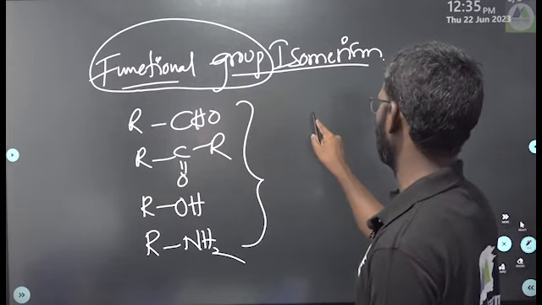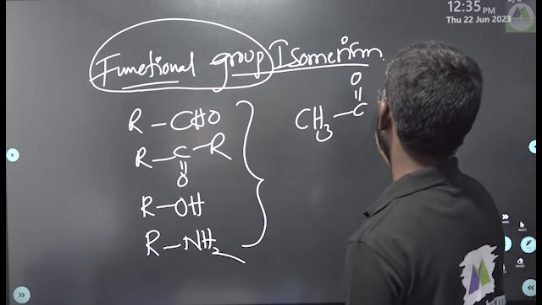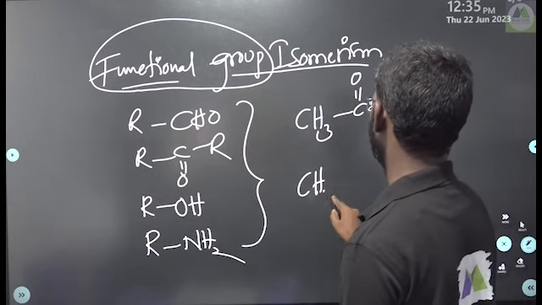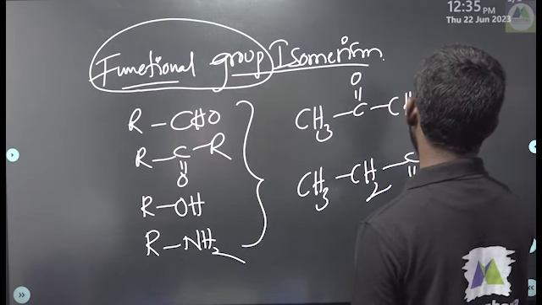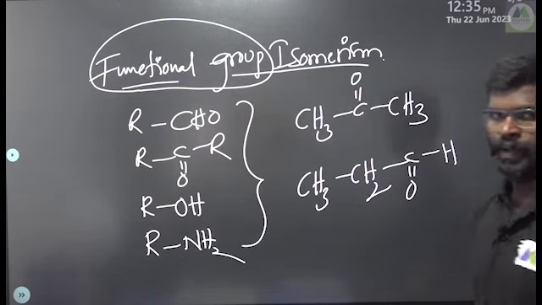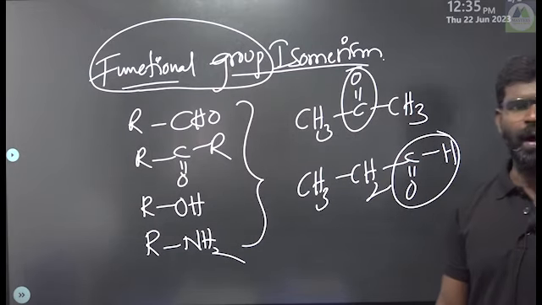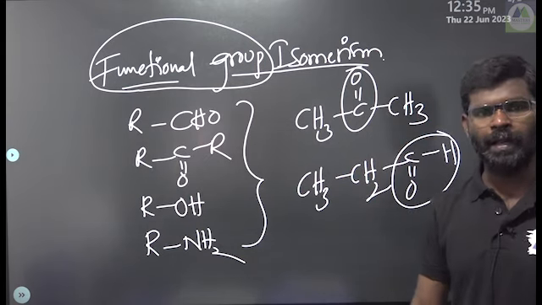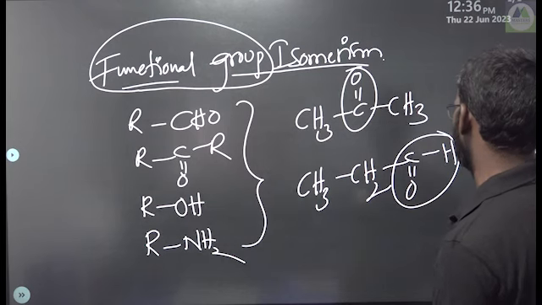For example, I am going to write the structure here. Observe carefully: C double bond O, here CH3. Next, the second structure: CH3, CH2, C double bond O, H. The first structure belongs to the ketone category, the second to the aldehyde category. One is ketone, another is aldehyde, but both are carbonyl compounds.